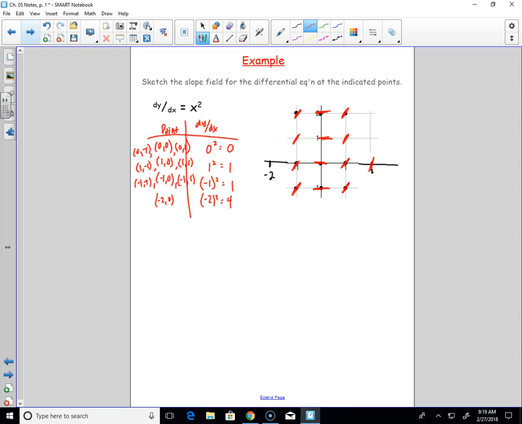Tell me when you get over to when x equals 2. What's the slope when x equals 2 or negative 2?